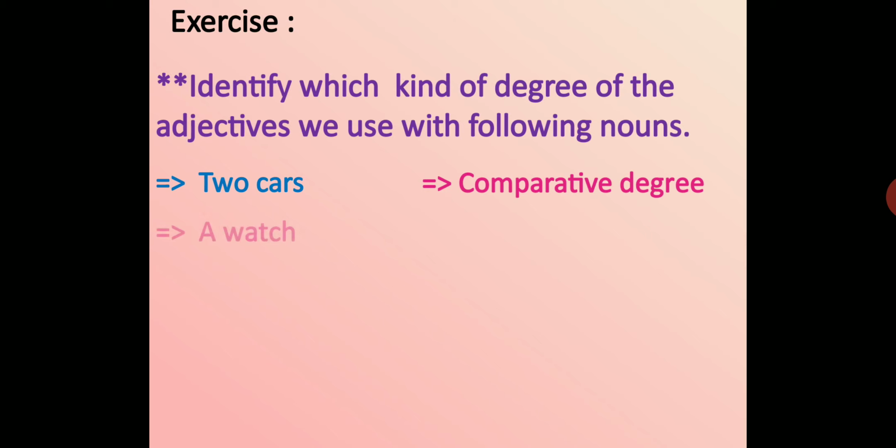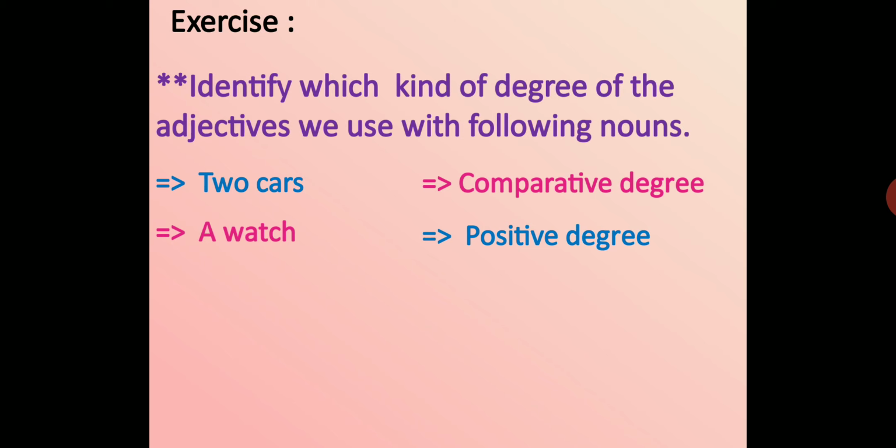Next is a watch. A means, yes, one watch. If there is only one noun in the sentence, which form of the degree will be in the sentence? It will be the positive degree.